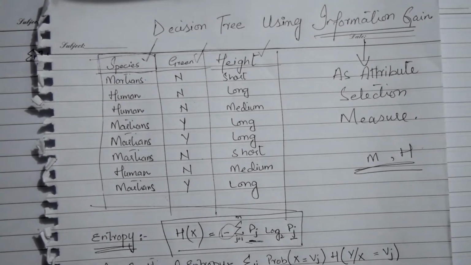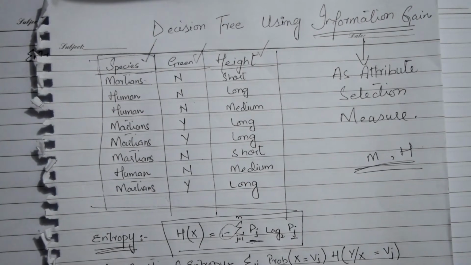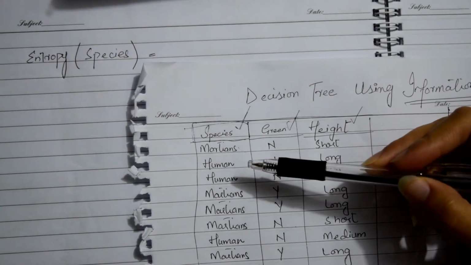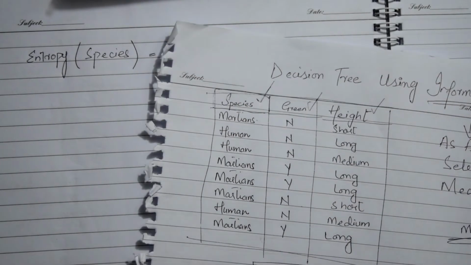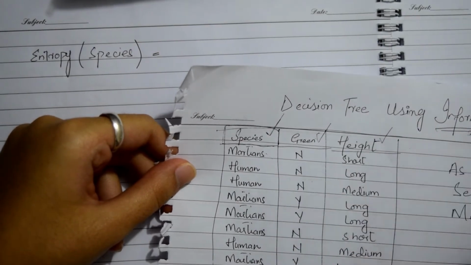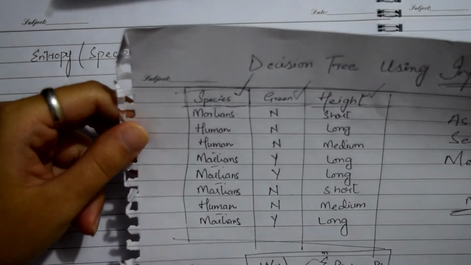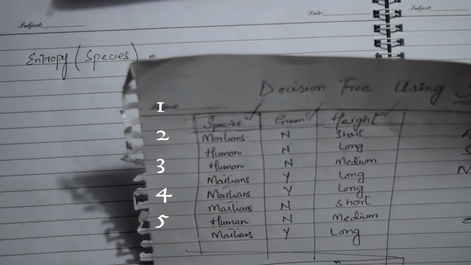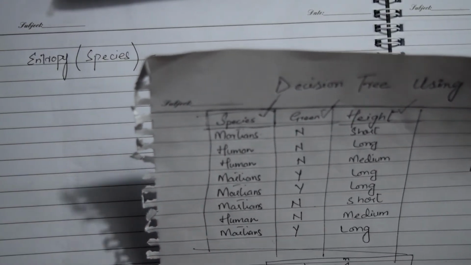Entropy is the probability of the occurrence of a specific type in a column. In species we have two types, Martians and humans. Martians have 5 and humans 3.